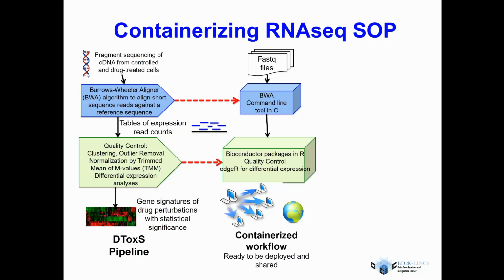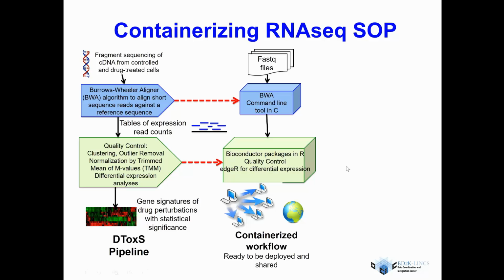So, the experiment that we were doing was to take the original pipeline and put each of the steps inside a separate container, and see whether we could increase the reproducibility when we did that.